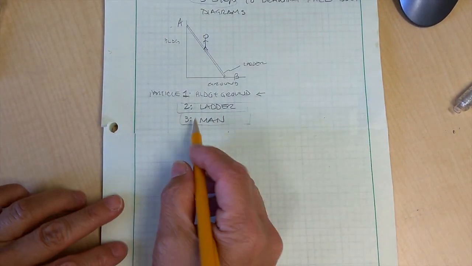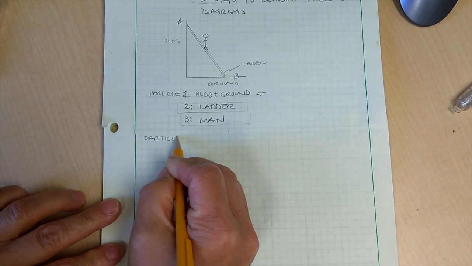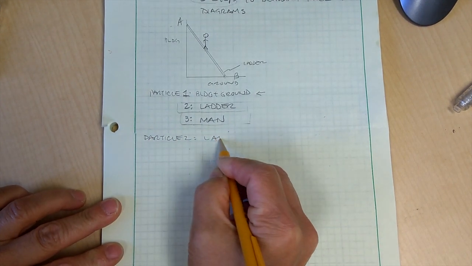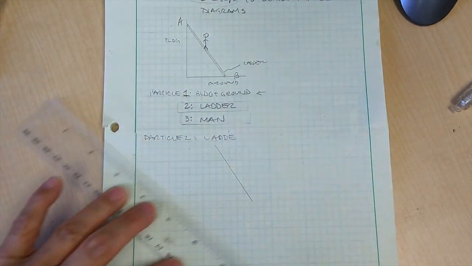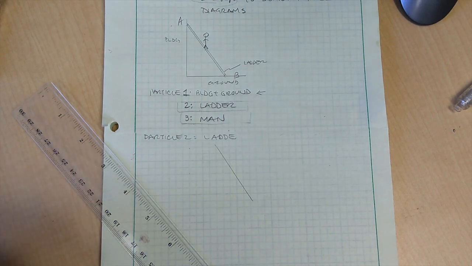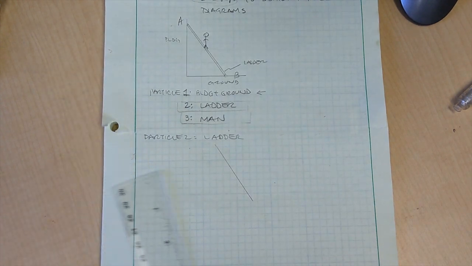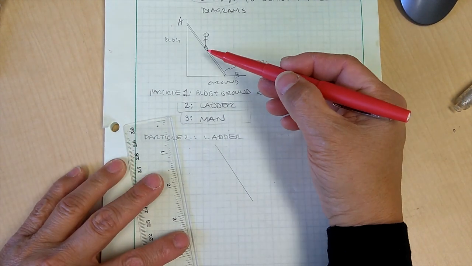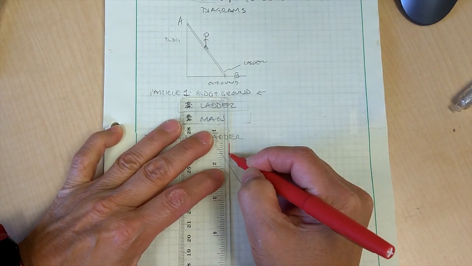So let's draw the free body diagram of particle 2. I have the ladder at an angle, and now I look at what types of forces act on that particle. So it would be the weight of the man standing on the ladder, which exerts a force onto the ladder.